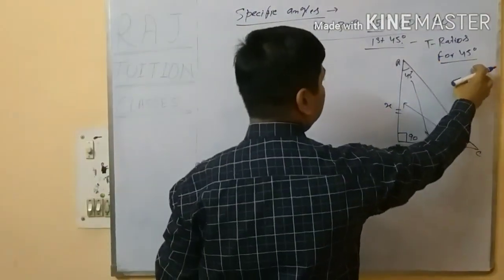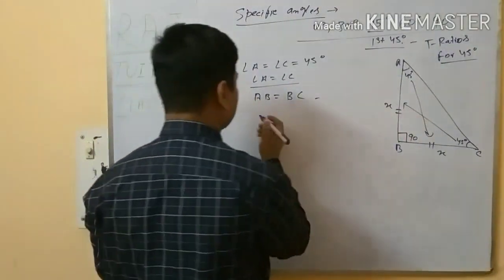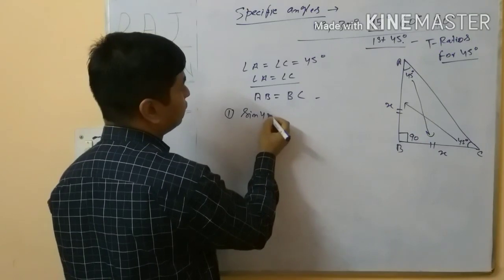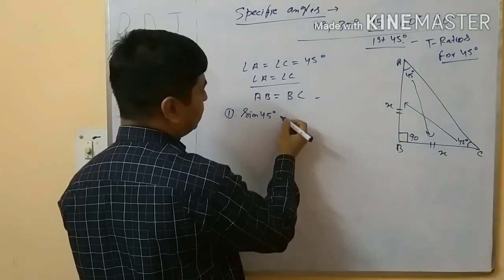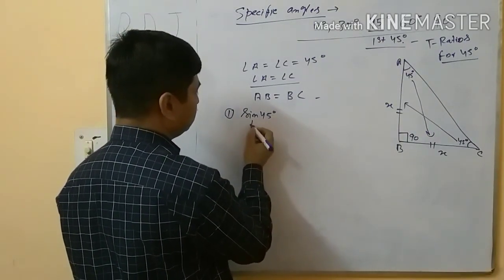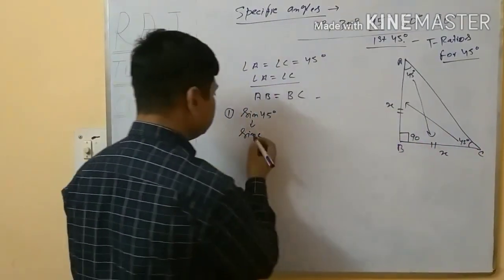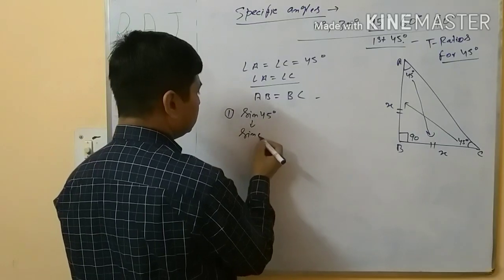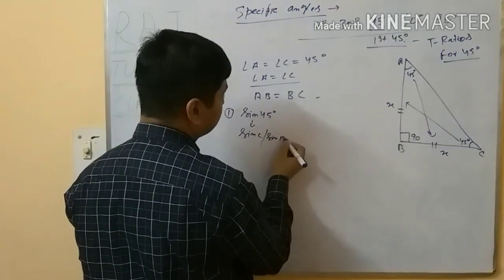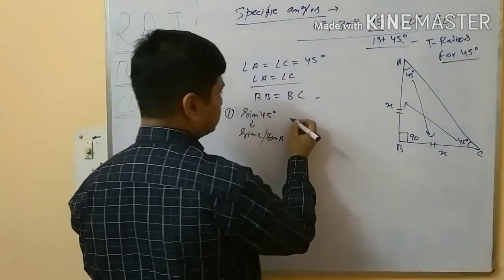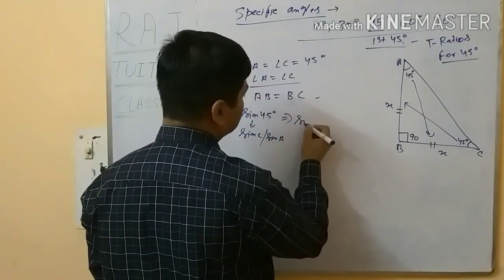So I have to find all the ratios for this. The first one is sine 45. I can write it as sine C also. If I take sine C, it will be sine 45, or if I take sine A, it will be sine 45.